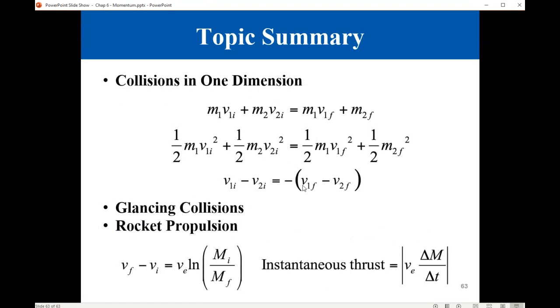For perfectly inelastic and inelastic collisions, only momentum is conserved. For a glancing collision, you have to deal with x and y momentums and apply the conservation of momentum for both directions. We learned about rocket propulsion, how rocket engines function and how to calculate the instantaneous thrust.